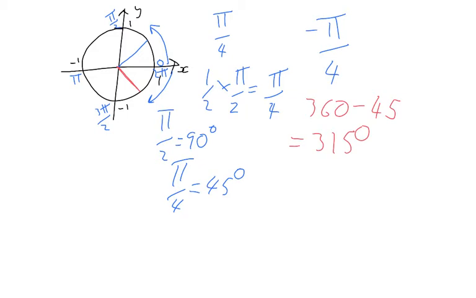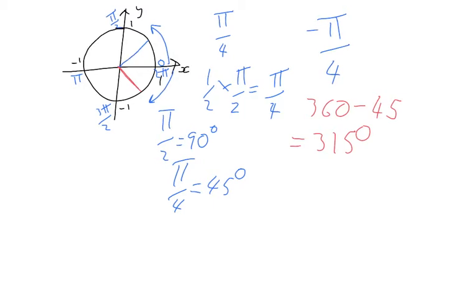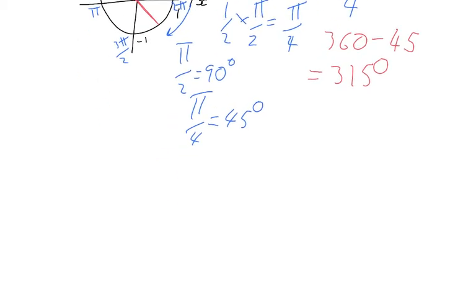Now, if we were given a degree, for example, and we're asked to find out how many radians it is, or put it into radian form. So, for example, if we had 120 degrees, that's 120 over 360, which is a third.